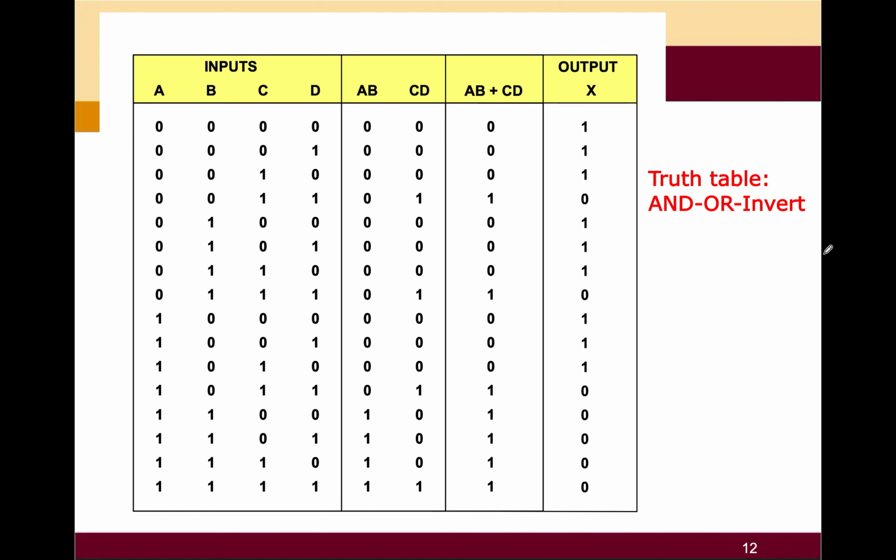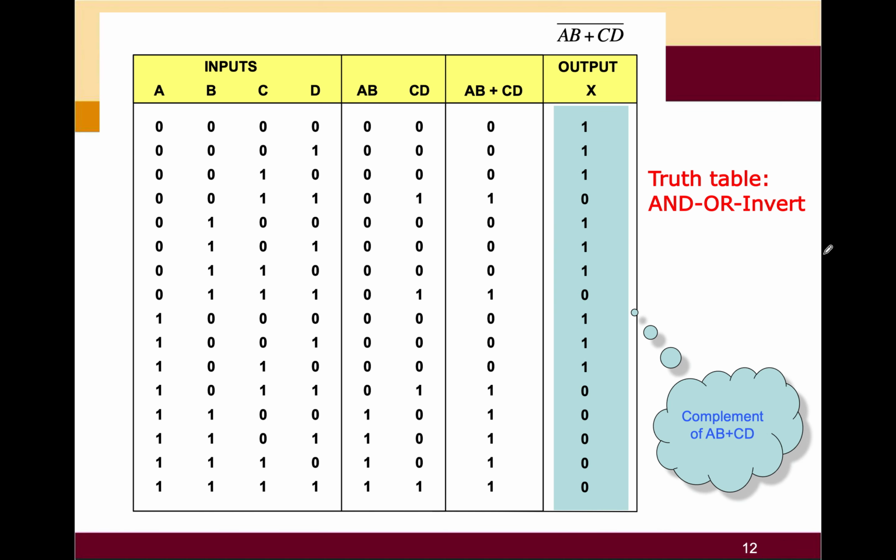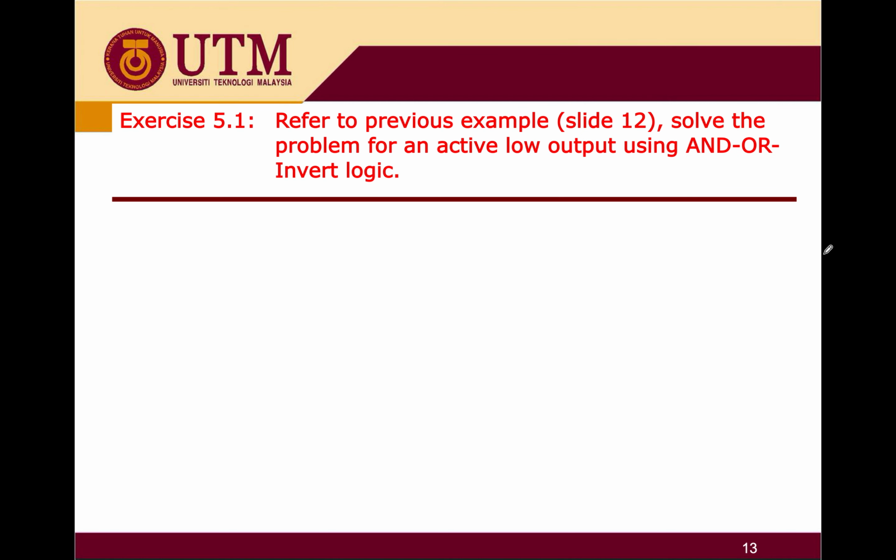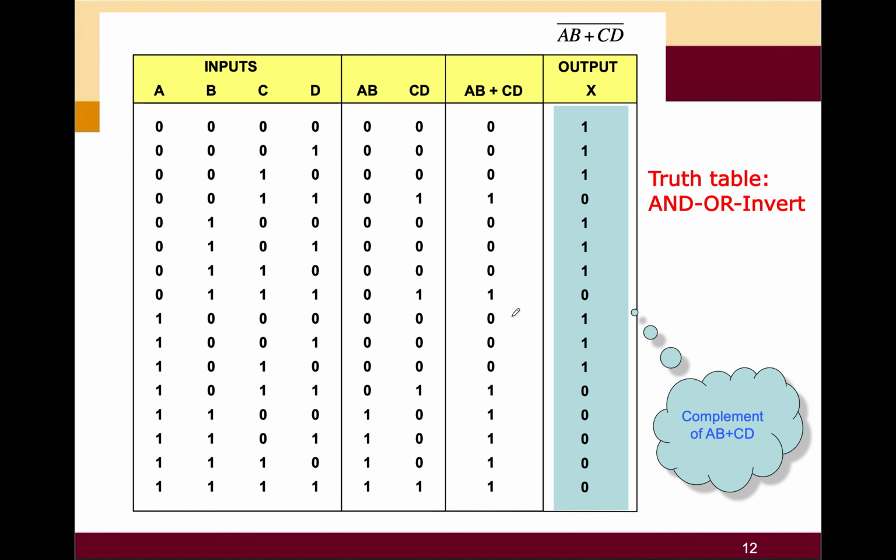So this is a truth table. You can see over here the complement of AB plus CD. You can try to draw the SOP K-map, and you can also pick the POS K-map.